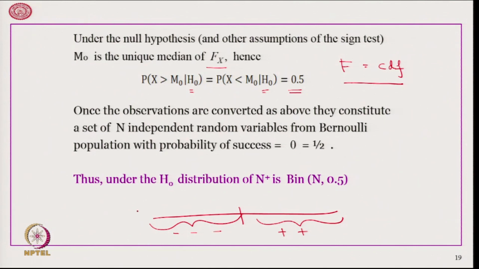Therefore, under H naught, the distribution of n plus, the number of observations giving a plus sign, is a binomial distribution with parameters n and 0.5 as the probability of success, where n is the number of observations.